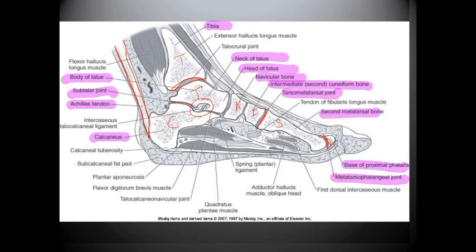We have the tarsometatarsal joint, and the proximal phalanx, which articulates with the second metatarsal to form the metatarsophalangeal joint.